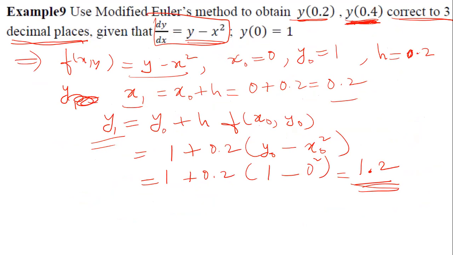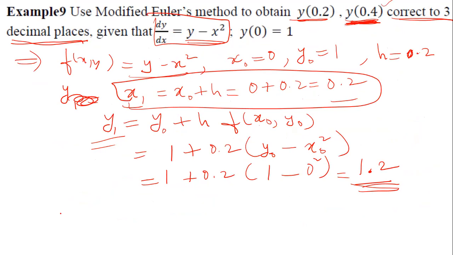This same problem, you can continue and find the value of y at 0.4, correct up to three decimal places. So if you have to find the value of y at 0.4, what you are going to need is your x1 here, which is 0.2. And you have to find your x2. x2 is x1 plus h. x1 is 0.2, your h is 0.2. That means 0.4. So x2 is 0.4.